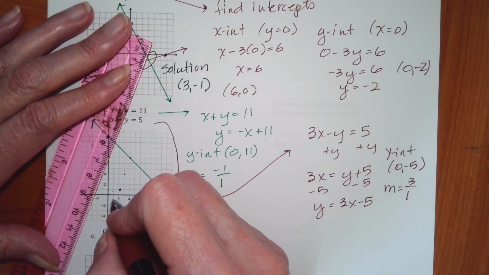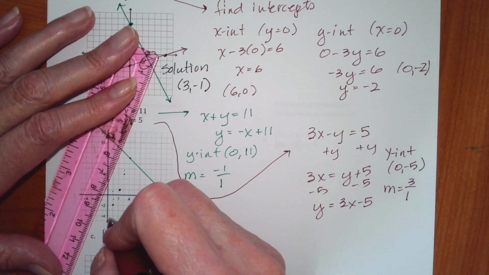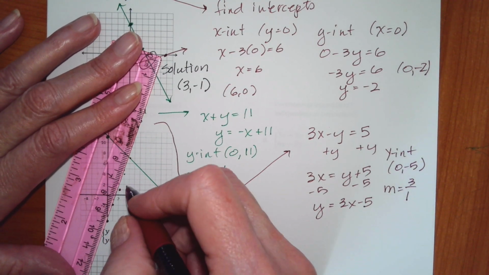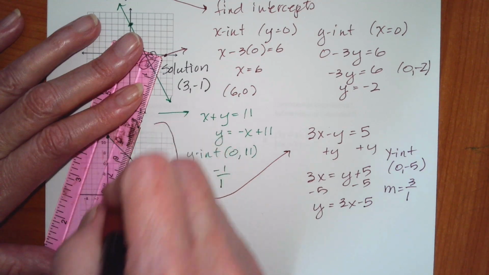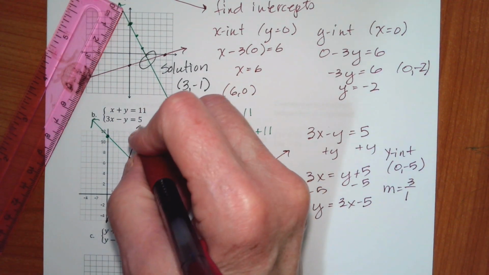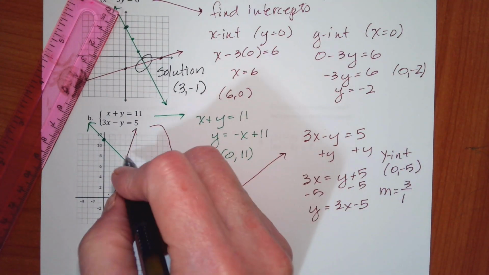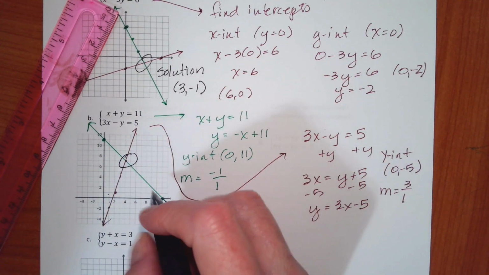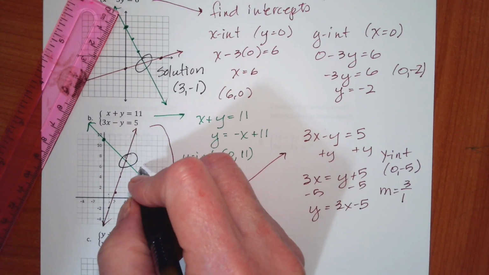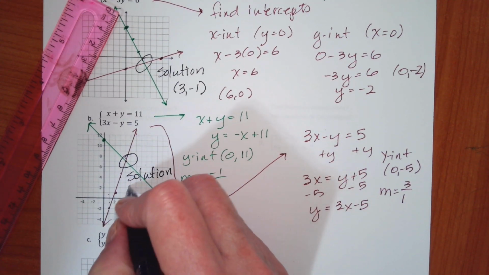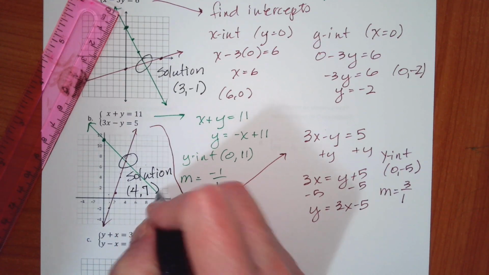Oops. Okay, so let's see what I've got here. And just by finding the points, I found the solution. But the solution is this point of intersection here. So my solution is 4, 7.